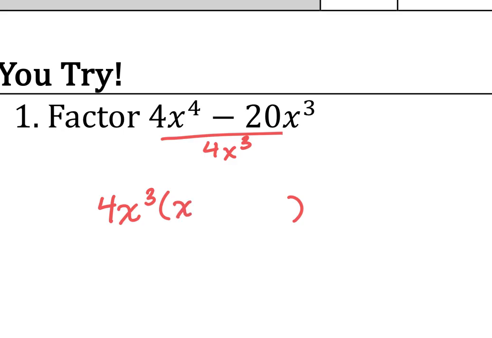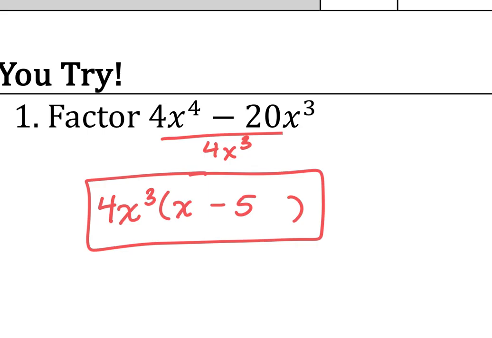And again, I don't need to put an exponent of 1. Negative 20 divided by 4 would be negative 5. And then the x to the third power divided by x to the third, those would cancel out. So this 4x to the third power times the quantity x minus 5 would be the final factored form of this polynomial.